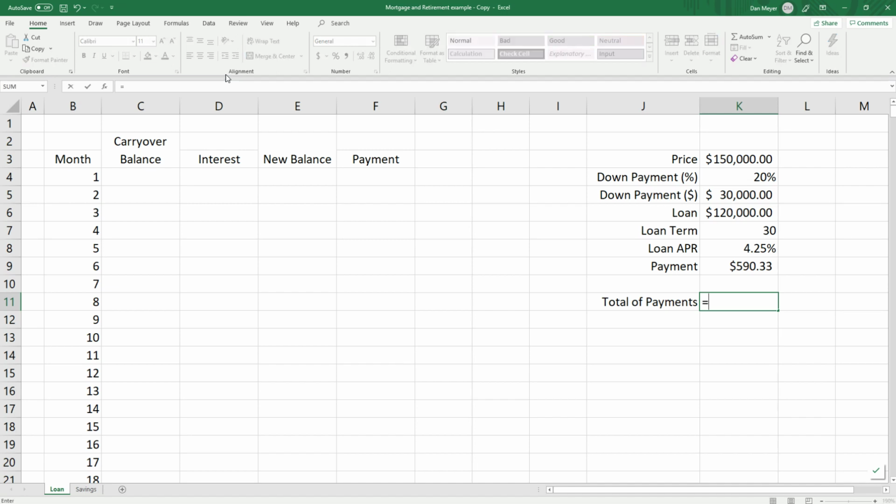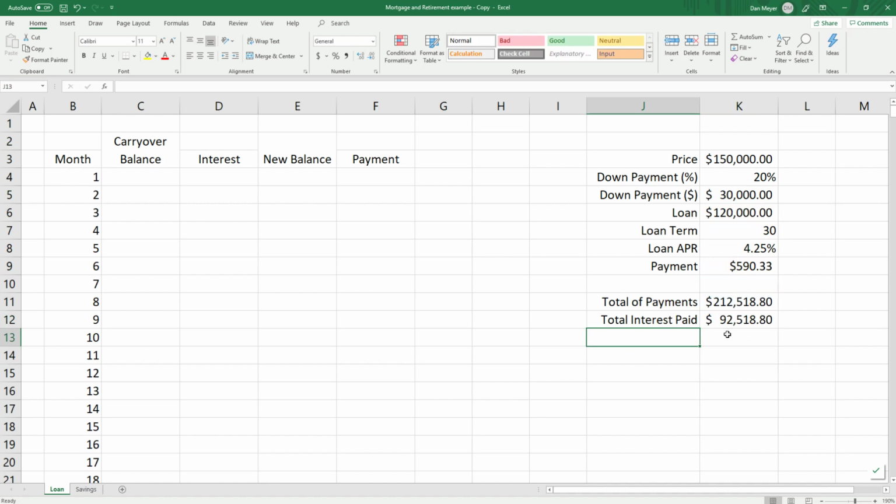We would just take our payment times 12 payments per year times the number of years, and we'd end up spending a total of $212,000 for this. The total interest that we paid would be the total of our payments minus the loan that we took out. So we end up paying $92,000 in interest.